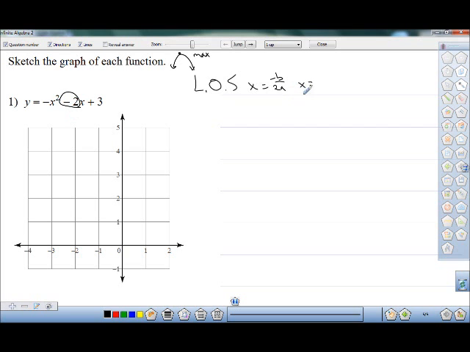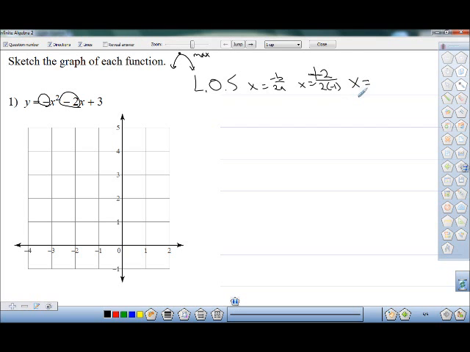Positive 2. Over, what's my a value? My a value, negative 1, so over 2a. So I get a negative negative 2, positive 2, over negative 2.